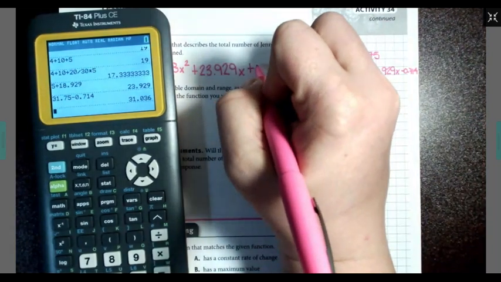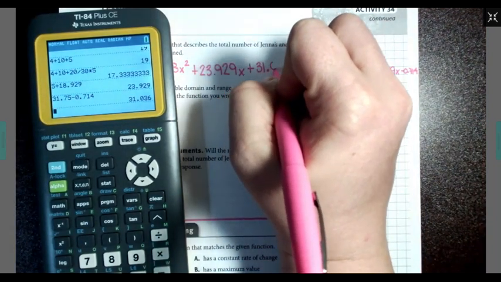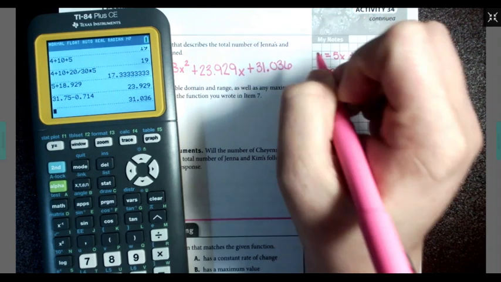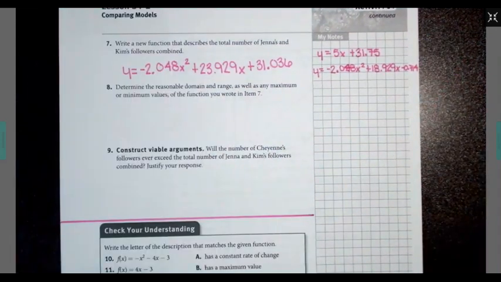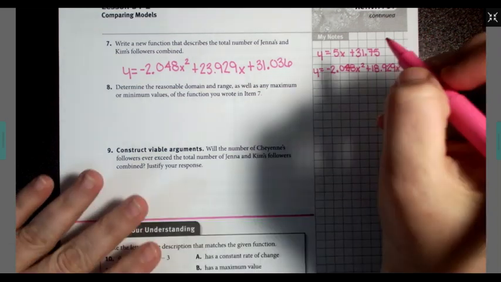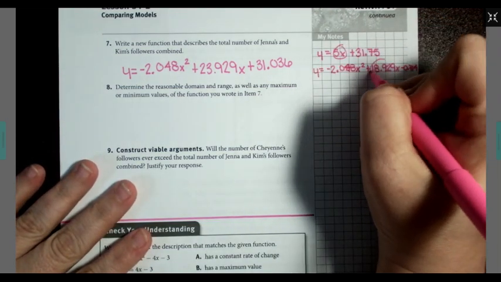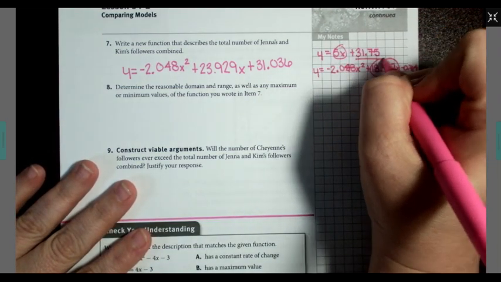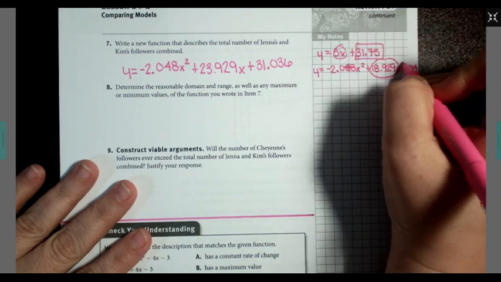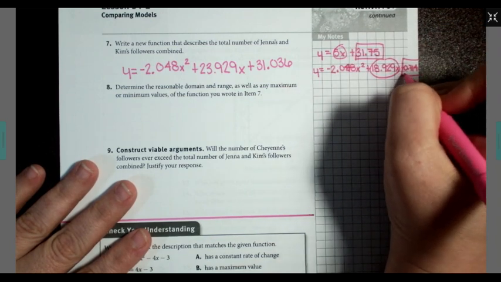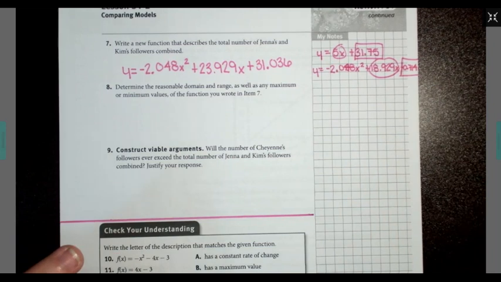So this last number is going to be plus 31.036. So I just combined like terms. I combined my 5x and my 18.929x. And then I combined my constants together, but making sure I noted that that was a negative.